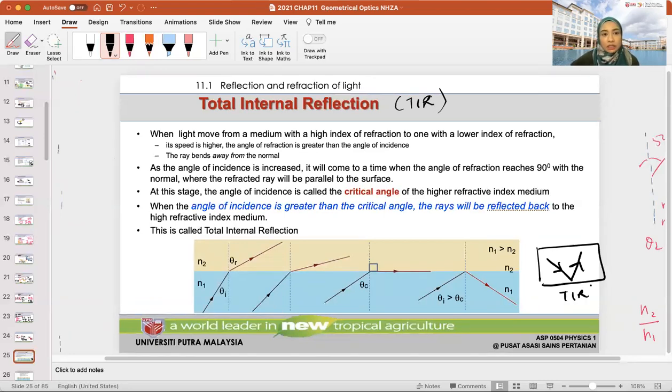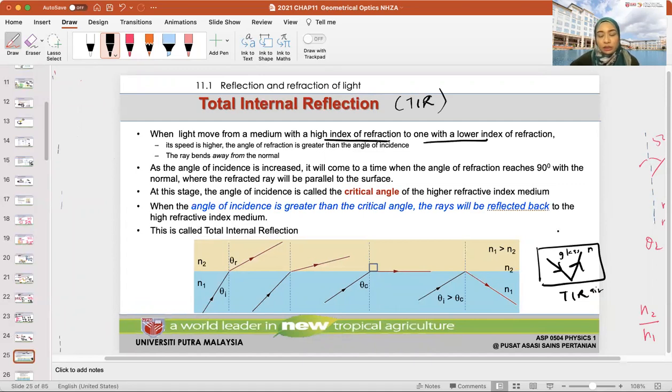So there are certain conditions that have to be met for total internal reflection to happen. Light moves from a medium of high index of refraction to a lower index of refraction. As you can see over here, this is glass and this is air. Of course, N of glass is going to be greater than N of air.